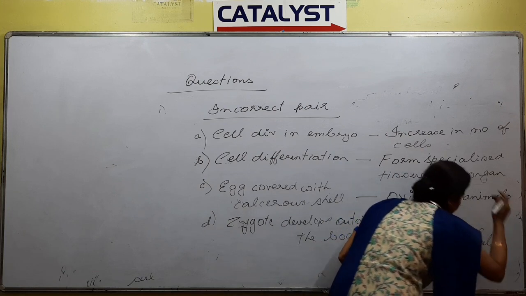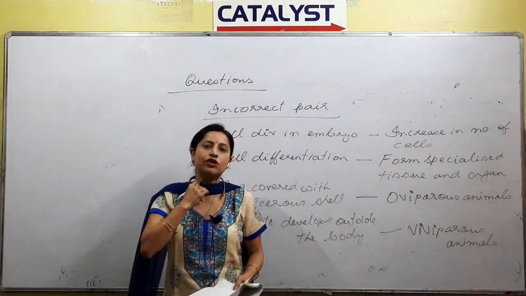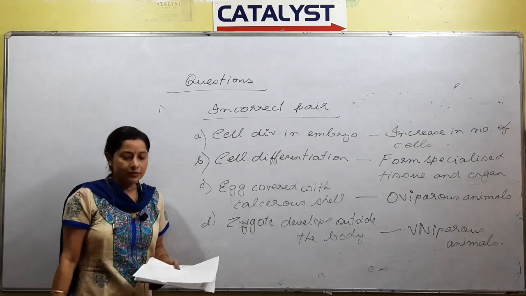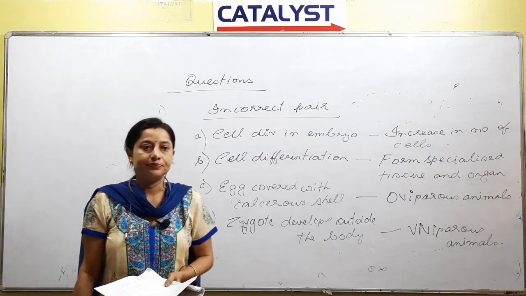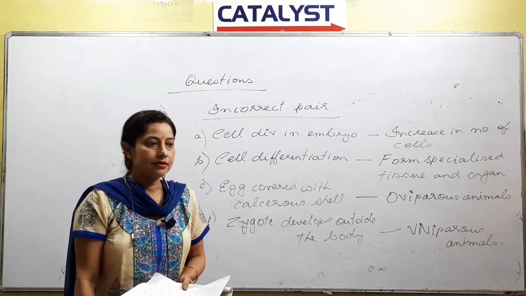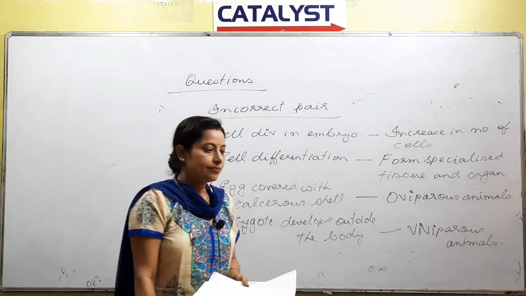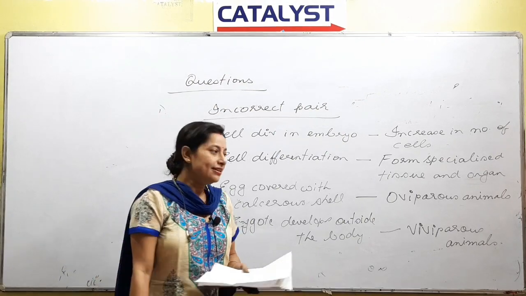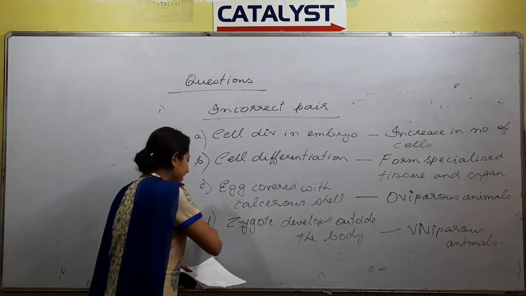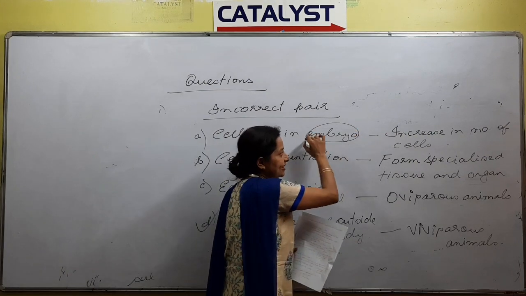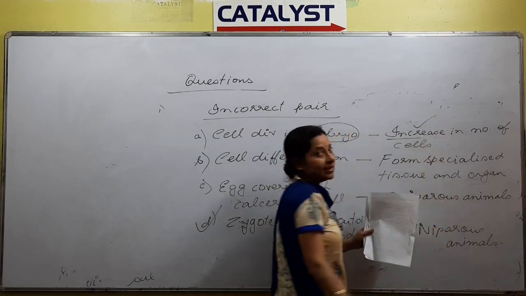So there are four statements given. What you have to do is select which one is the incorrect one. Read the question properly and try to answer. The last one, yes, because in embryos cell division happens, so obviously there will be an increase in number of cells.